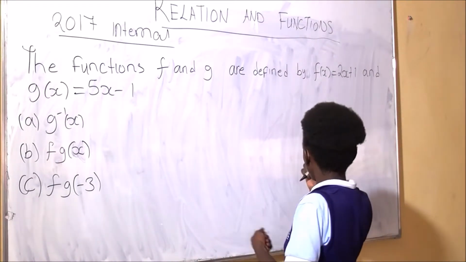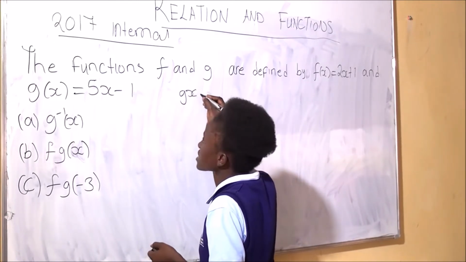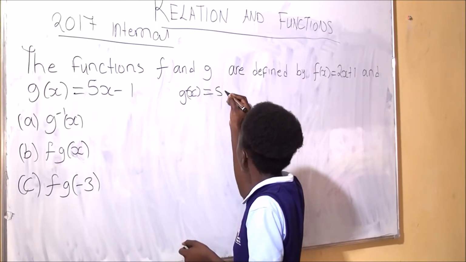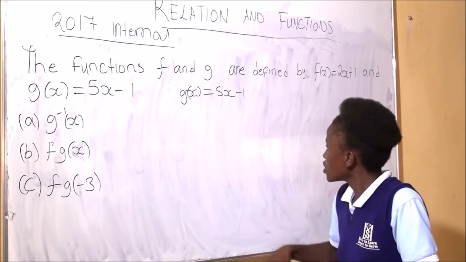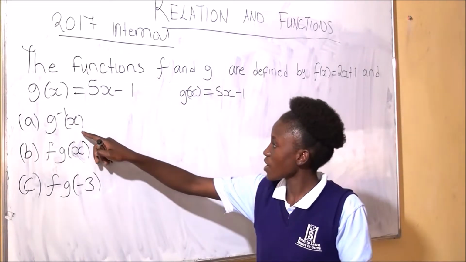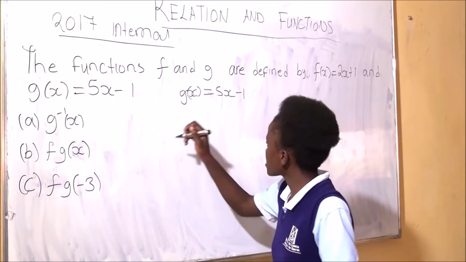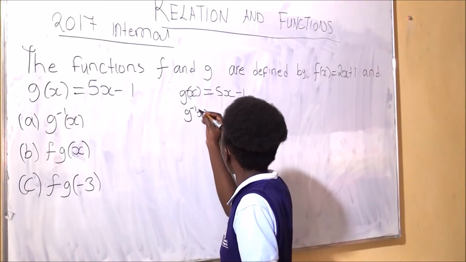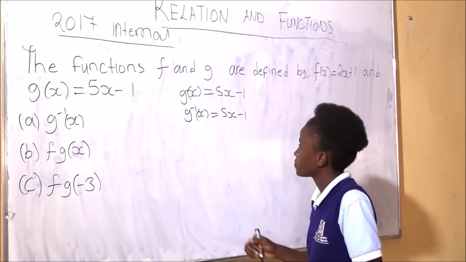So we're going to write our g of x down, which is equal to 5x minus 1. Where there is g of x, we're going to replace it with g inverse of x.